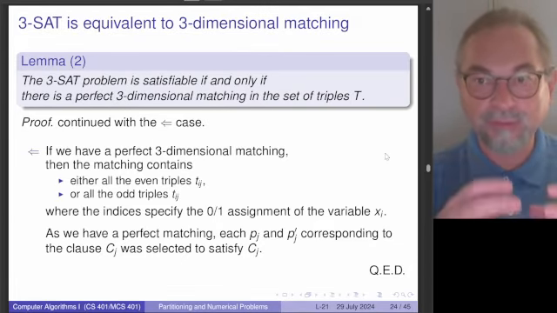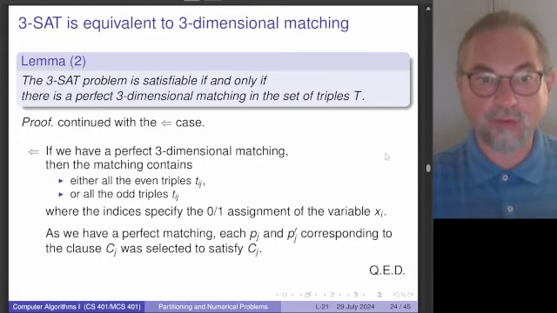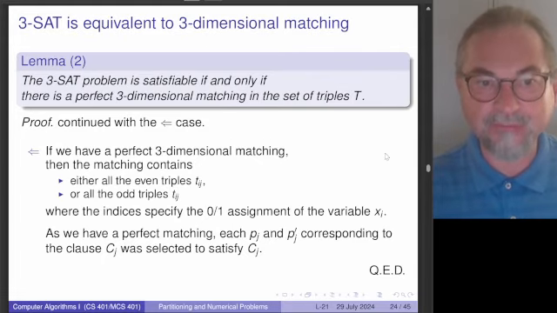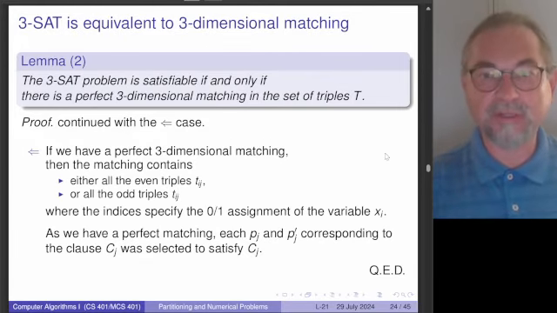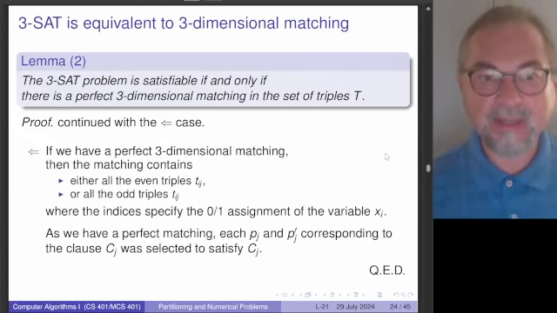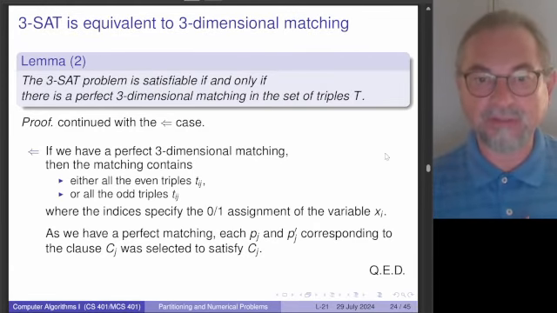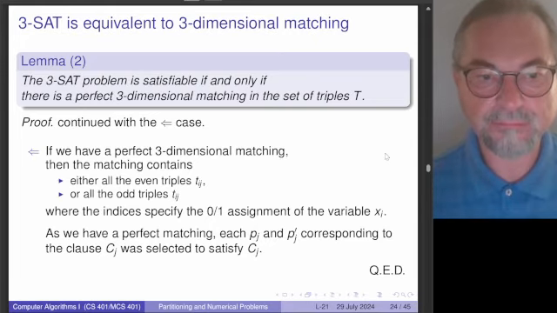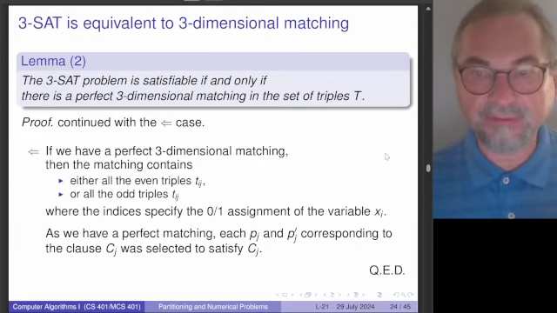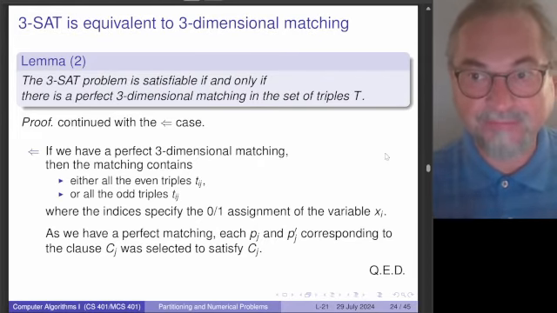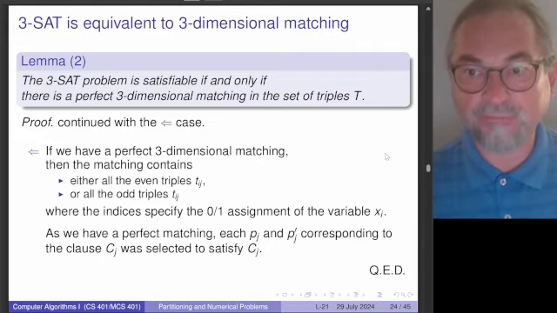Note that we do need to cover the core again. So we have then either selected all the even triplets or the odd triplets. And that defines a 0 or 1 assignment to the variable. And because we had a perfect matching, we didn't skip any of the clauses.